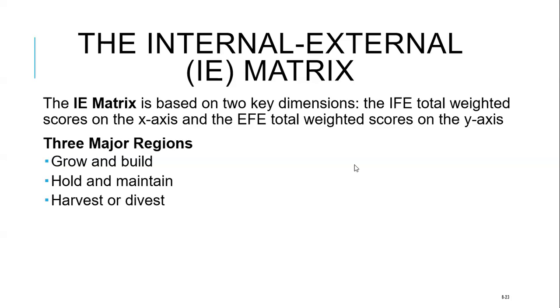Then when you fall within the region which is labeled as hold and maintain, it comes with a high level of caution. That means that the score of the business unit, as far as the internal factor evaluation matrix is concerned, is medium, and that of external factor evaluation too is medium.